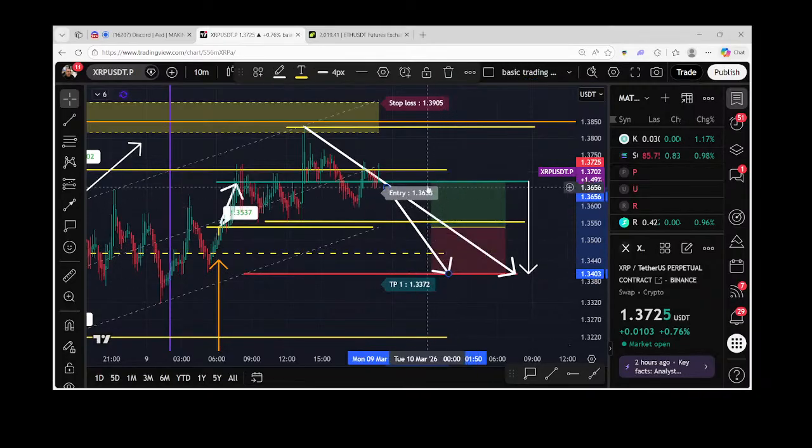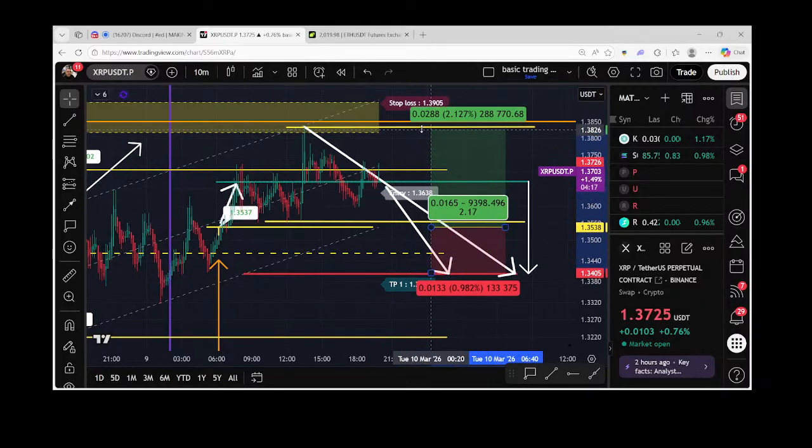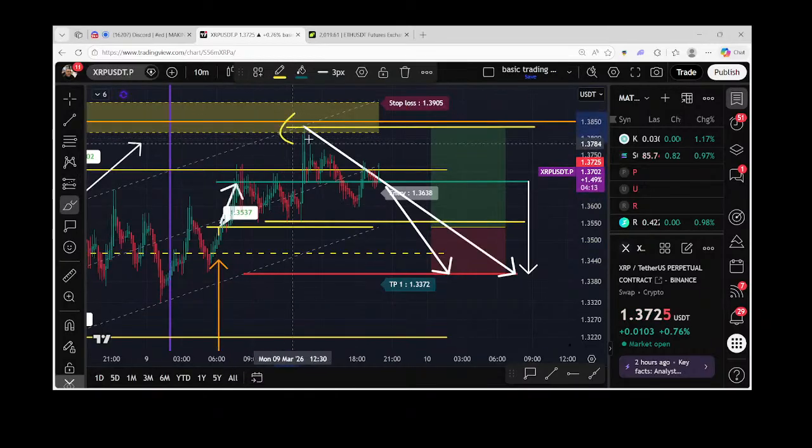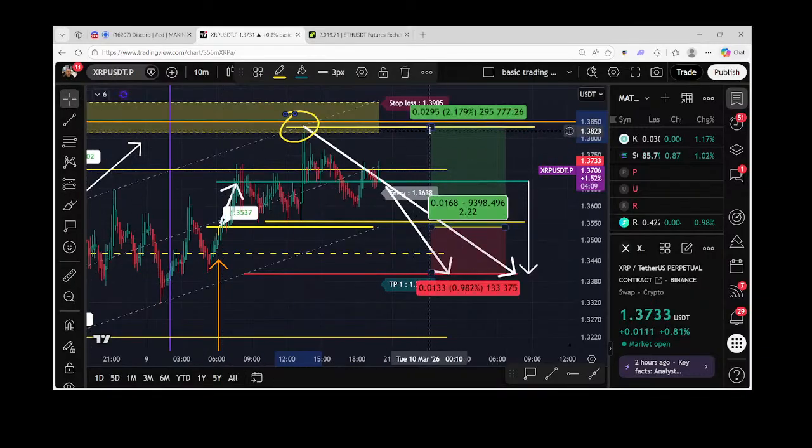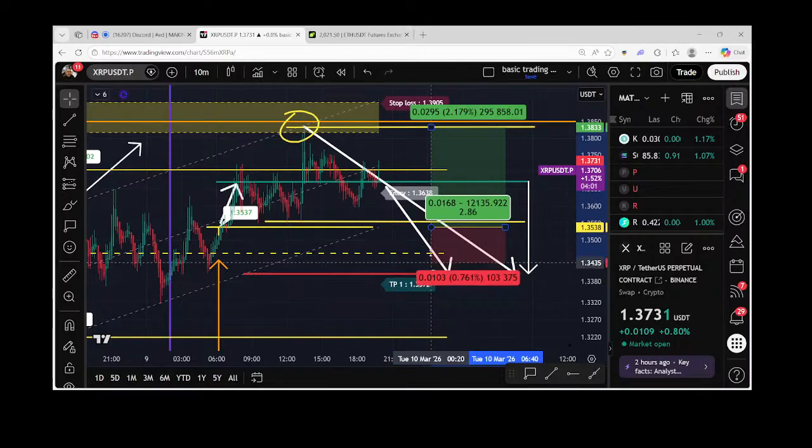We would go back and say that this particular top here would be considered our high point. If we measured that, we would measure up and say that this went 2.17 up before it triggered the bottom, which is the stop loss.